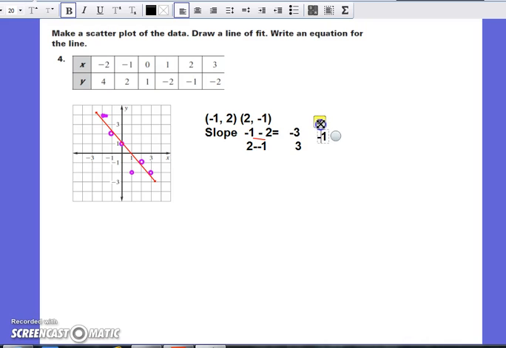Move that up here. That's what our slope is. It's just going to equal a negative 1.